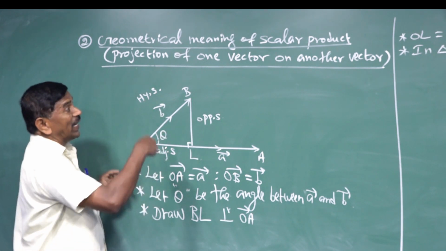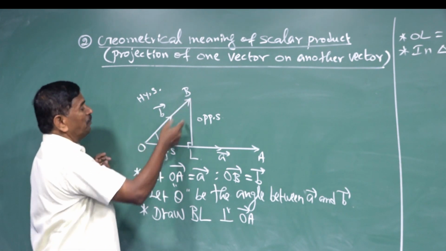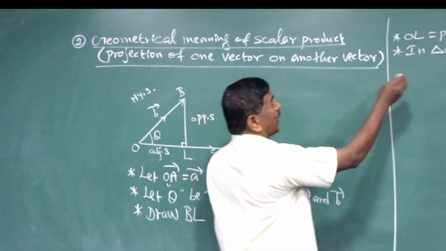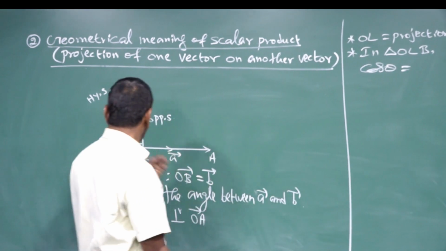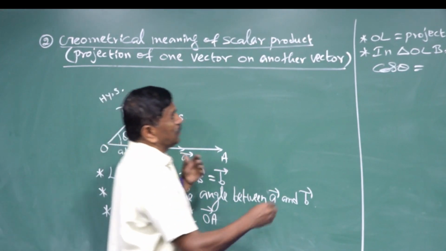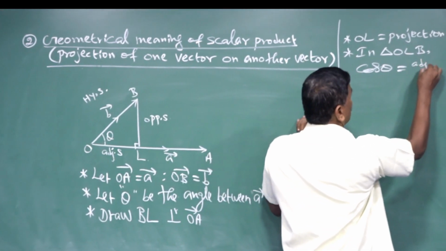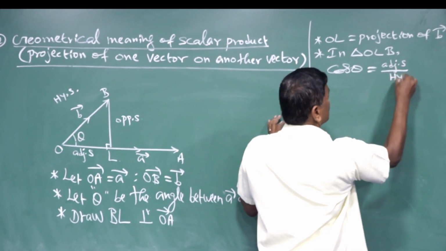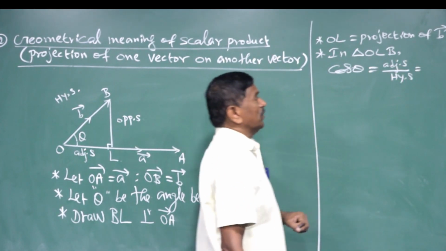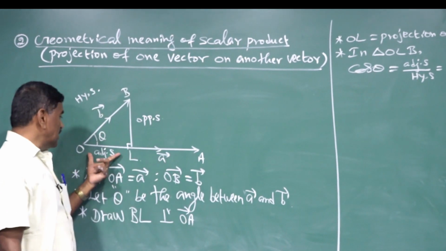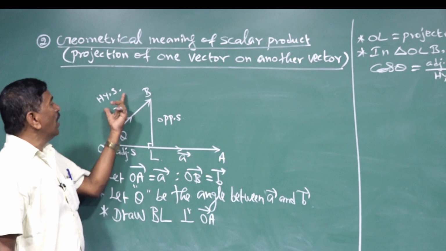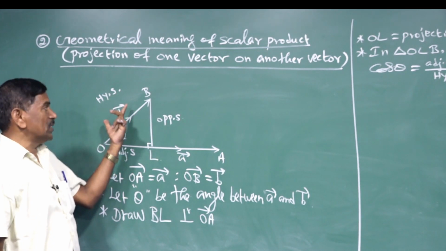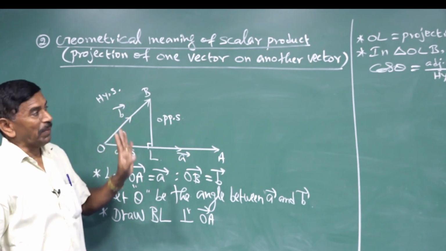Now in right angle triangle OLB, cos theta is equal to adjacent side by hypotenuse side. Now what is the adjacent side? Yes, the adjacent side is OL, and the hypotenuse side is modulus OB. That is just OB, which is a magnitude.